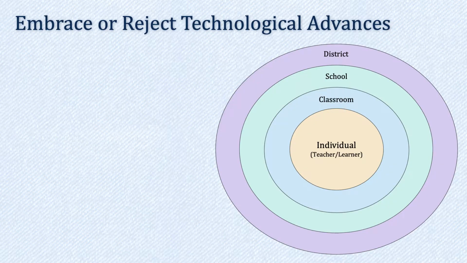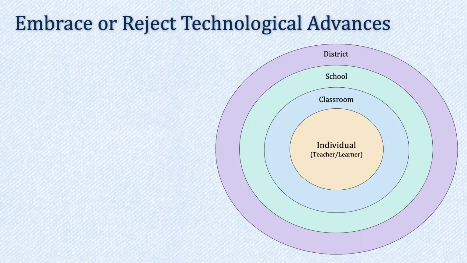As educators, should we embrace or reject technological advances? Well, on the one hand, if we reject technological advances, students and instruction will be removed from the interactions and opportunities that are possible in digital environments.